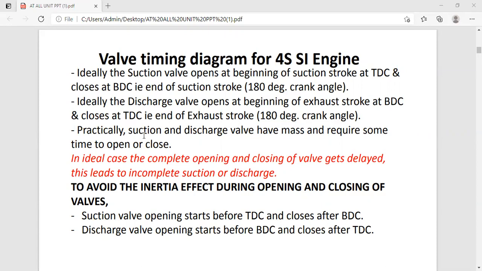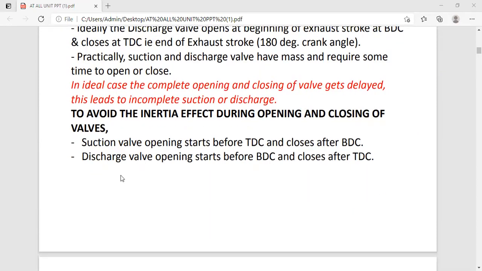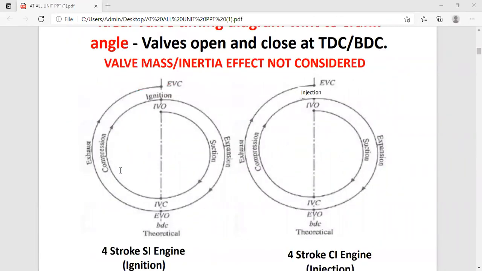To avoid this inertia effect, and inertia means what? The valves have some kind of inertia while opening and closing. So due to that, suction valve opening must start before the TDC and it must close after the BDC. And the discharge valve must open before the BDC and close after the TDC.